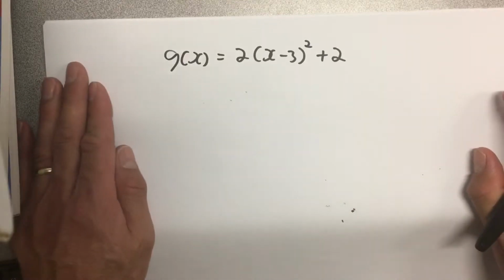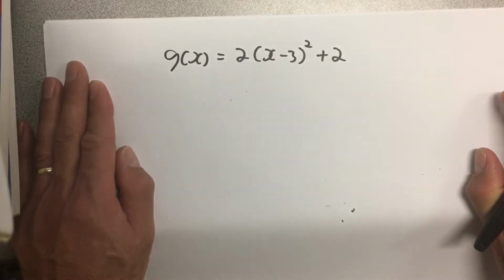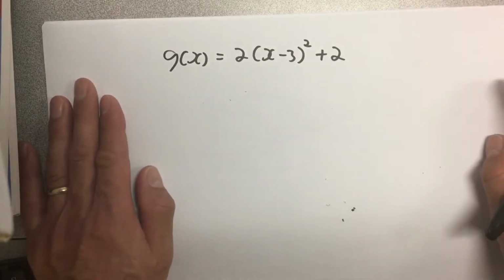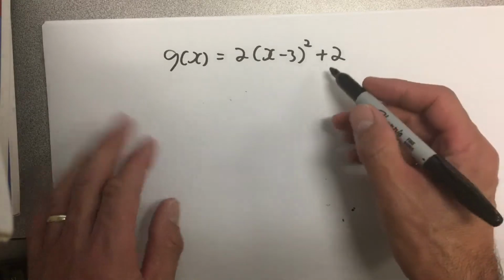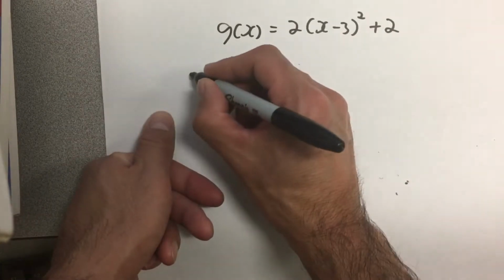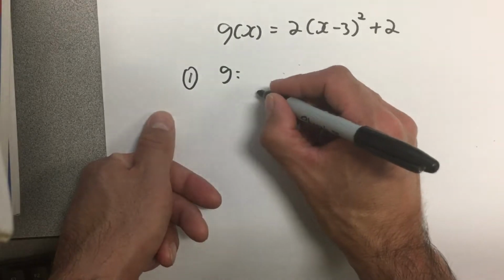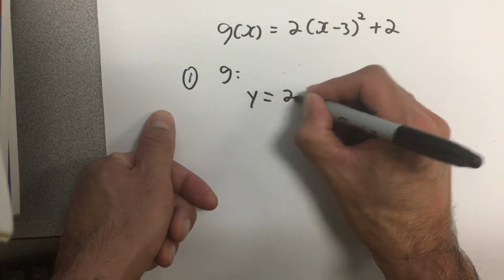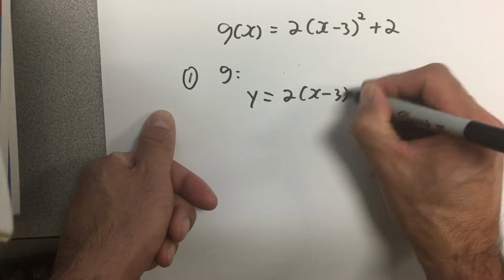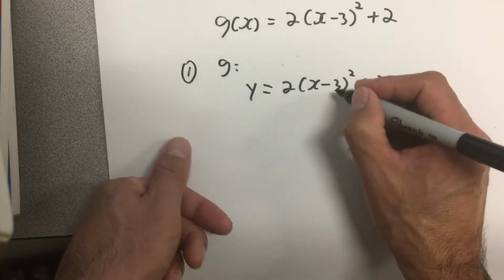We're now going to find the inverse function of 2 times (x minus 3) squared plus 2. Well, we're going to find the inverse of it. It may or may not be a function. So again, number one, we'll write g in Leibniz notation: y is 2 times (x minus 3) squared plus 2.